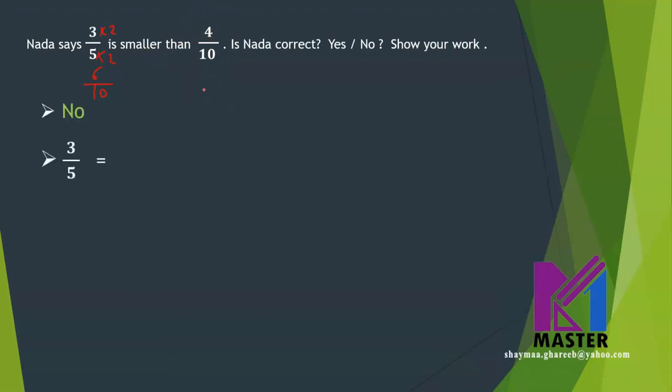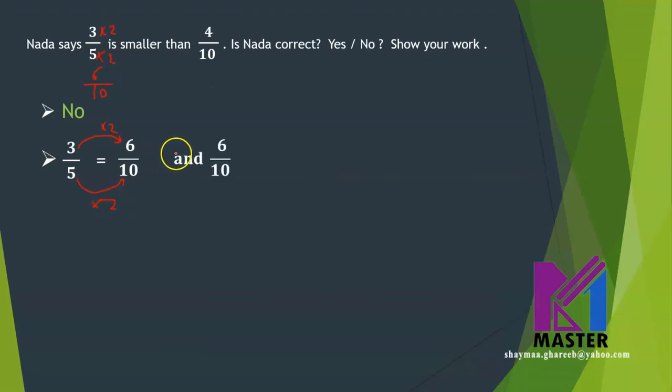Why? Or show your work or explain. I will exactly write these steps. I will change this 3/5 into an equivalent fraction over 10. I will say 3 over 5 equals 6 over 10. And I will show the steps like this. Multiply by 2 up and down.